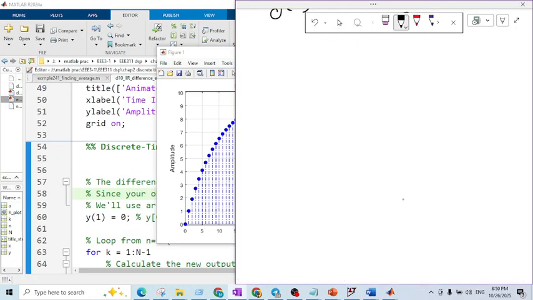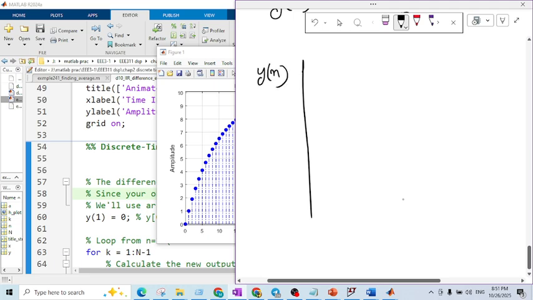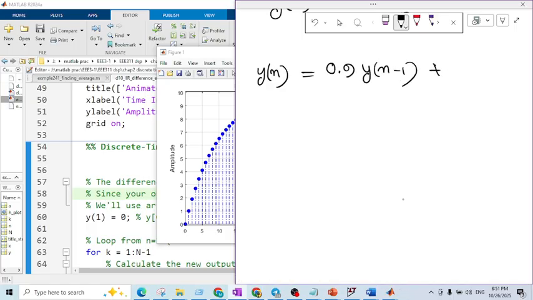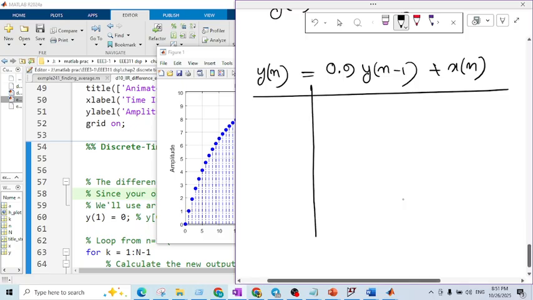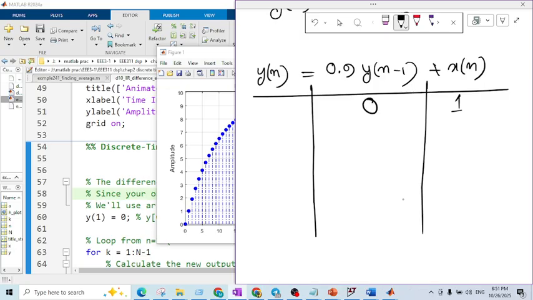And now let's do this in another way. Let's say y[n] is equal to 0.9 y[n minus 1] plus x[n], right? Now let's do this manually. So x is all the time 1, and initially y is actually 0, so y[n] will be 0 plus 1, which is equal to 1, right?